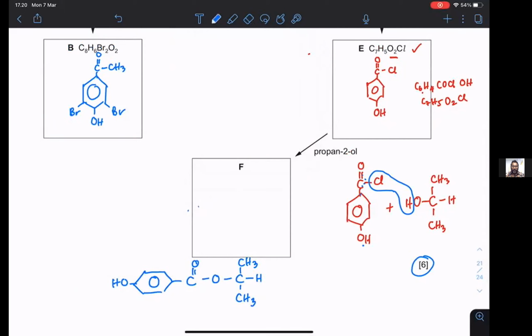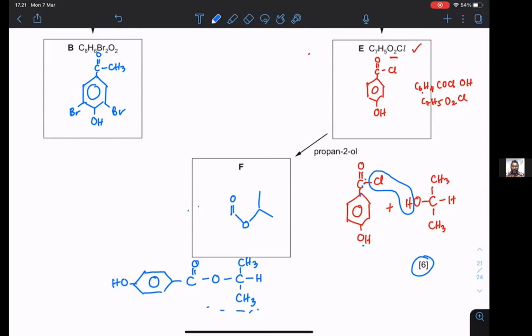So maybe you draw C here, double bond O, and then you have O, and then you have C, and then you have another C there. You have another C, no need to show all. So this one is all done.